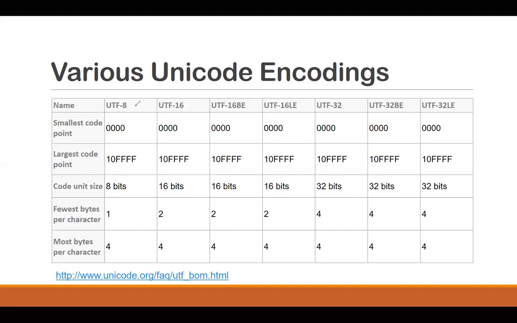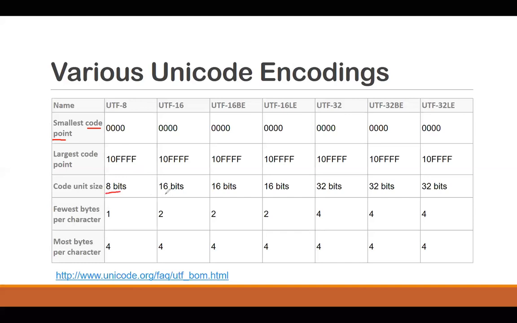UTF-16 and UTF-8 are mostly what you encounter in your text handling. One character representation in Unicode is called a code point. So the largest and smallest code points are represented in these columns. The code unit size here is 8 bits.